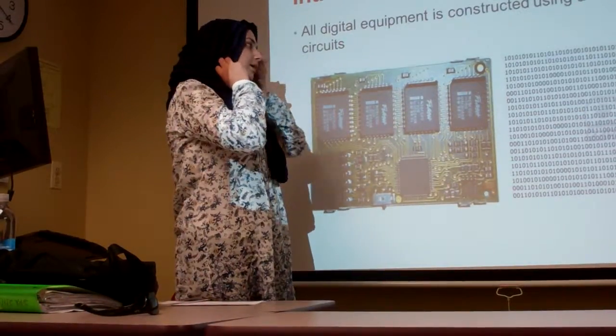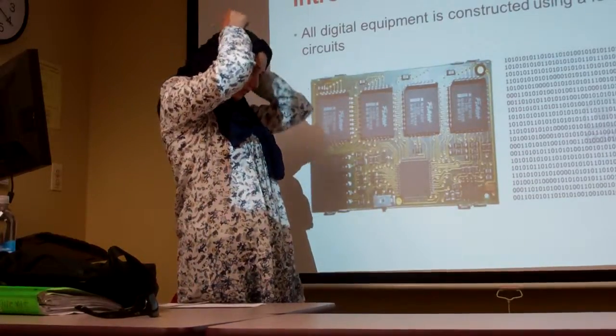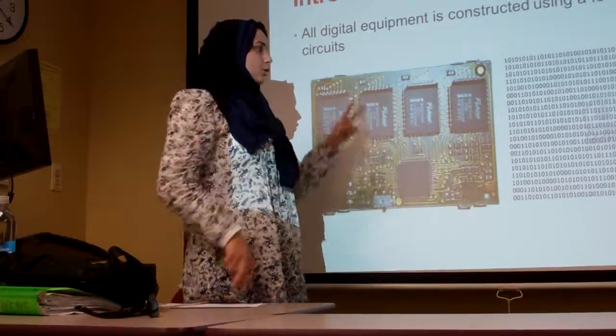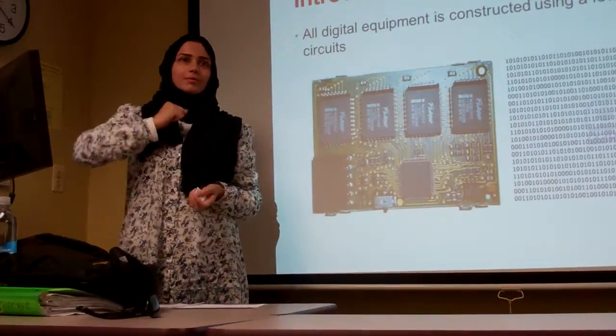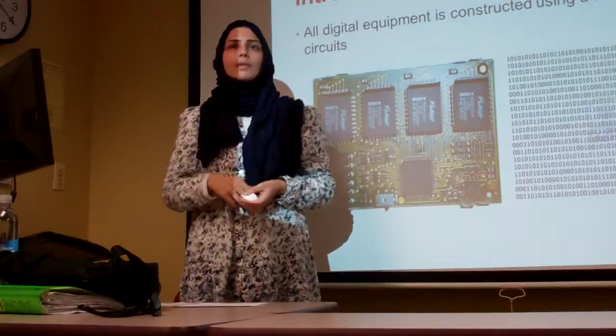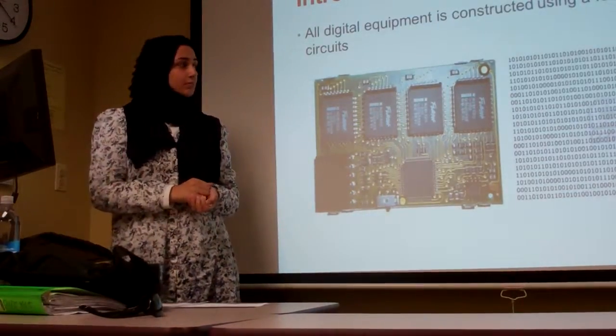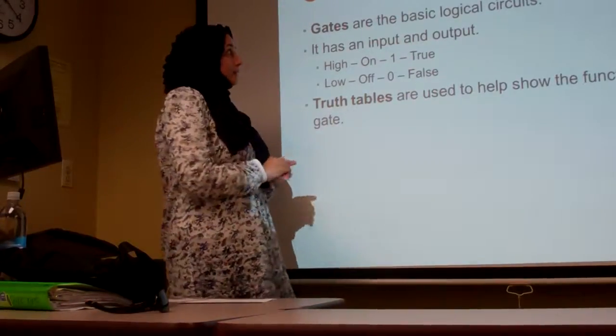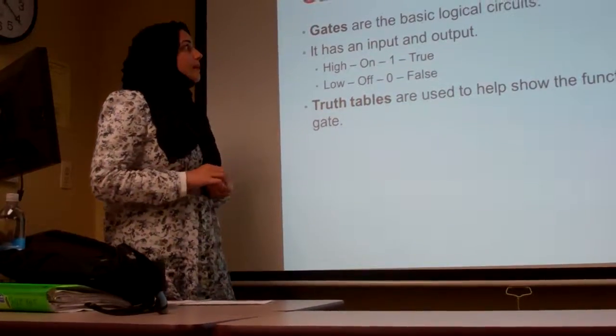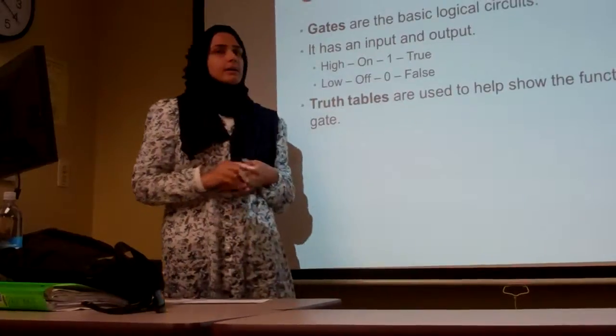This is called a Boolean number because it has only two values, 0 or 1, on or off, as in the electricity on or off, high or low. So the gates are the basic logical circuits.